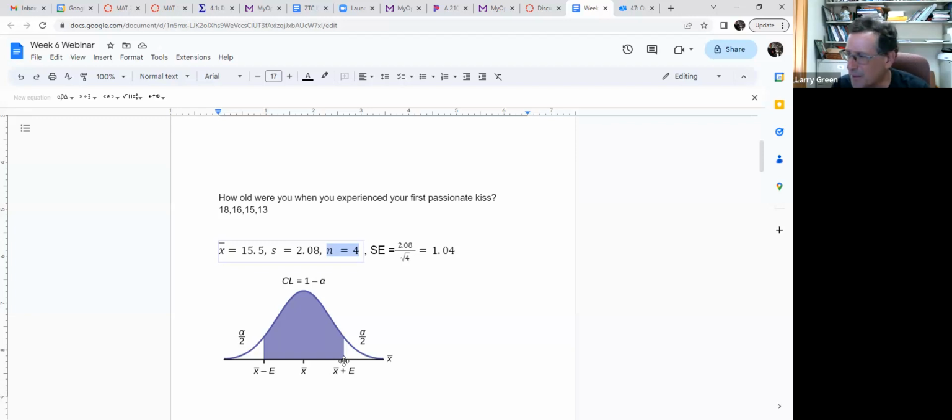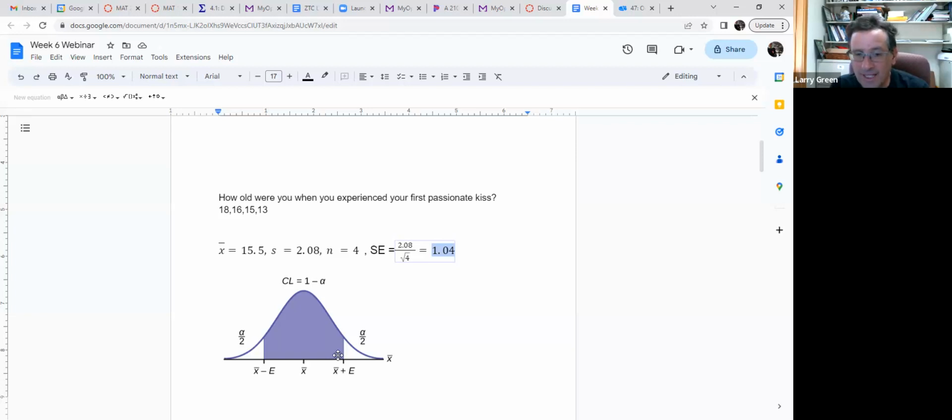The typical way to do this is to ask, what is 2 standard deviations? One standard deviation is 1.04, so 2 standard deviations for the sampling distribution will be twice that, or 2.08. Any questions on that? So if I go left and right by 2.08, then if you remember, the empirical rule says that if you go 2 standard deviations to either side, that is going to keep 95% of the data within.